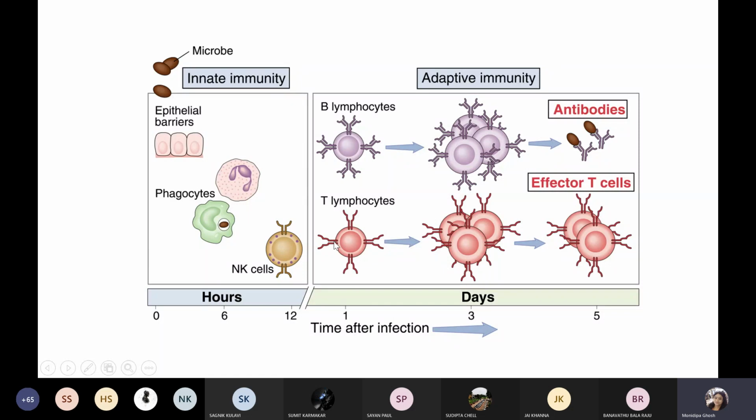Now, another population of cells is the natural killer cell. The natural killer cell has the natural capability to directly interact with the microbe and kill the microbe. So, these cell populations as well as one protein cascade called the complement complex take part in innate immunity.